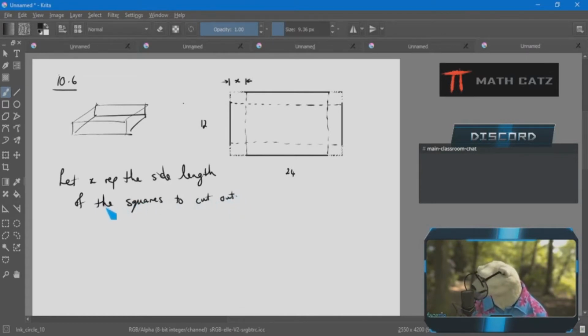Okay, because specifically they are asking for the dimensions of that square that I'm gonna cut out. And of course, once I know that, I know the dimensions of the box as well. Okay, so the 12 here represents, of course, the full width, and 24 the full length.